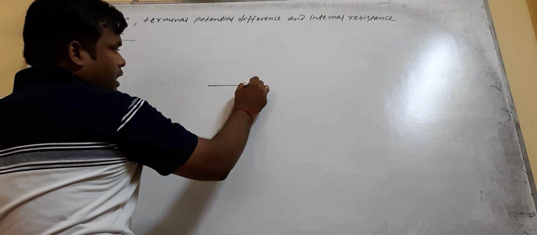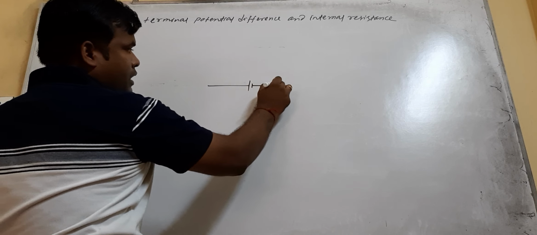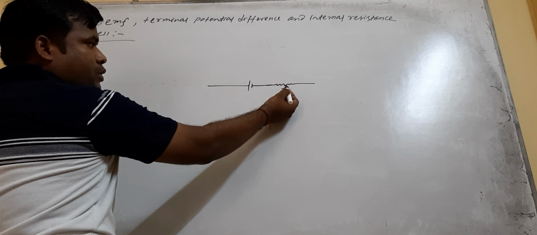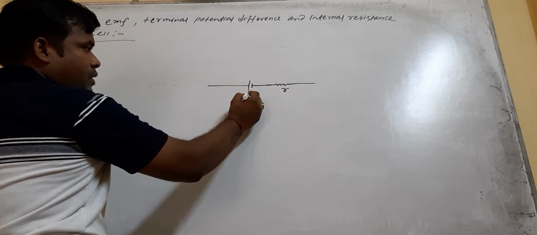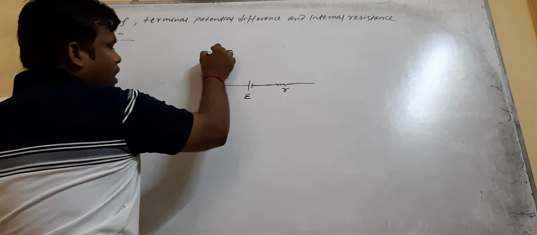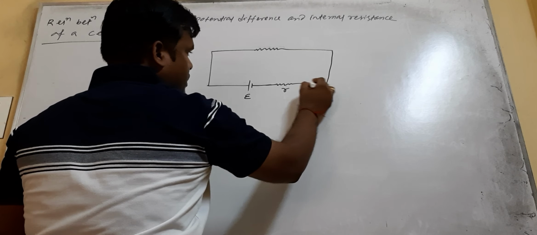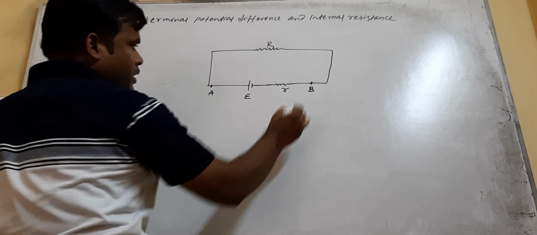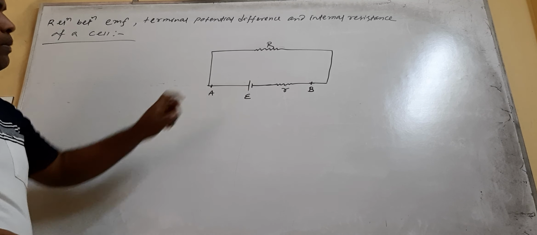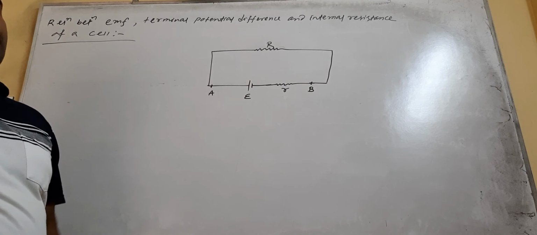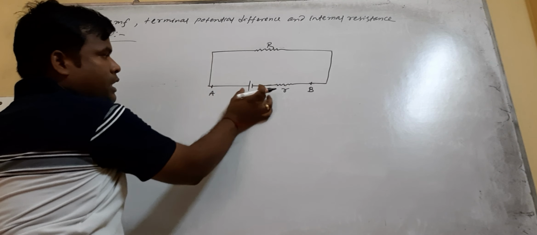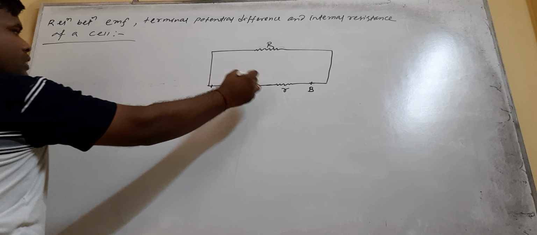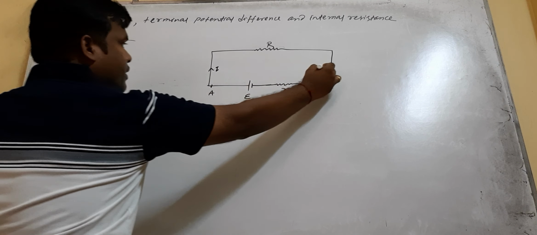It is the cell and it is the internal resistance, it is the representation of internal resistance. Internal resistance is supposed to be connected in series with this cell, and it is the external resistance. This point is A, this point is B. Here A is one terminal of this cell, B is the other terminal of this cell, because this resistance is from inner part of the cell, not from outside. So now, when the circuit is closed, current is flowing.